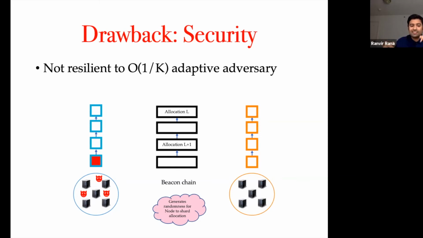So you adapt faster than the adversary, which comes with high computational cost for honest miners, because every change in shard would lead to a few more computations, because you need to sync to the new shard that you're going to. And because of this, we say that multi-consensus architectures are not resilient to order 1/k adaptive adversaries.